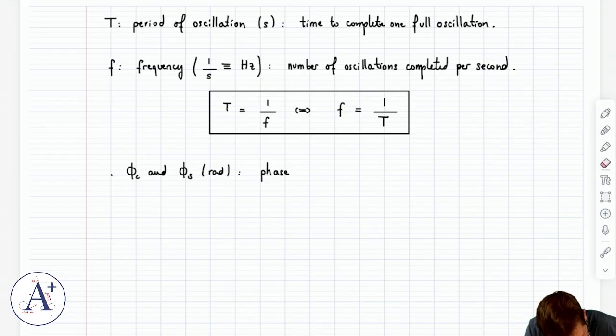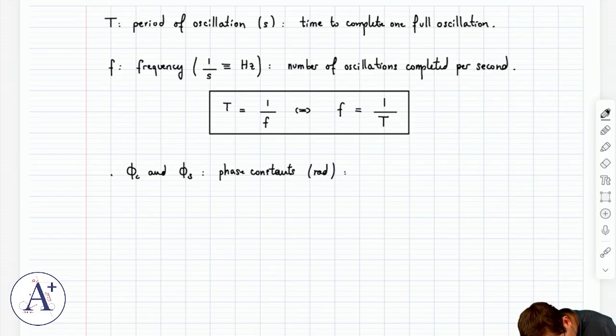Now, let me just have the same kind of presentation as above. So these are phase constants, and they're going to be in radians.